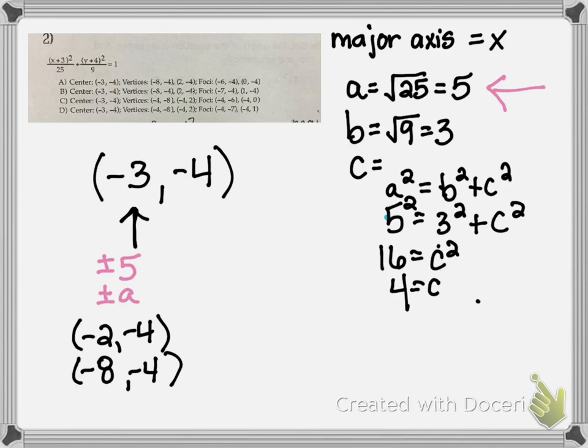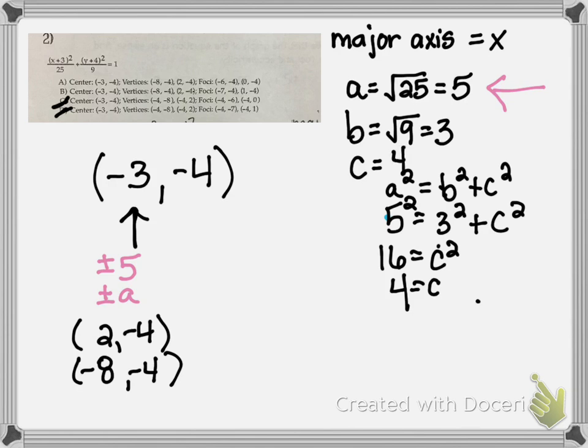All right, so from there, I should be able to see that we do have a couple of those. And I did make a mistake. I can see that right here, that should have been positive 2 because that's negative 3 plus 5. So I can go ahead and get rid of C and D. So then the foci. The foci is the point from the center to that 4 units that we found with the C value.